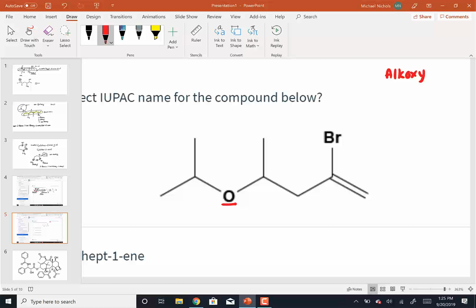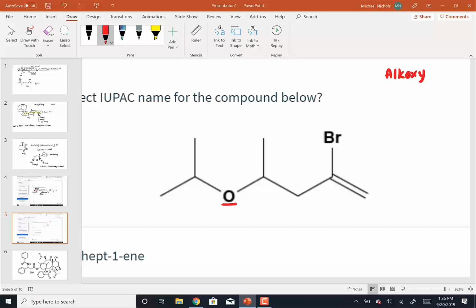Which group is going to be the substituent, and which group is going to be the parent chain, so that then I can take that parent chain and find the longest continuous carbon, number from the end closest to the first substituent, or give priority preference. So that's the first decision I have to make. And that's a decision that's made very simply: the substituent is the group with the least number of carbons, and the parent chain has the most carbons.